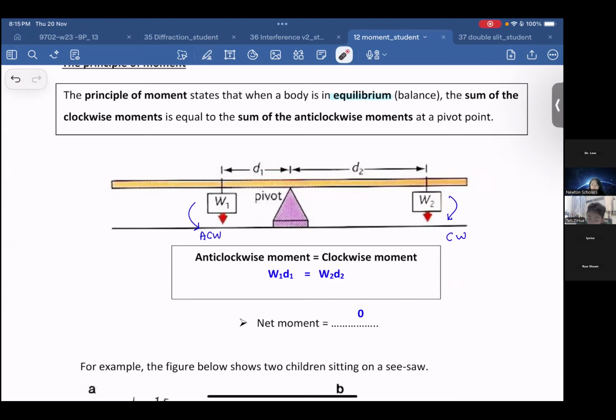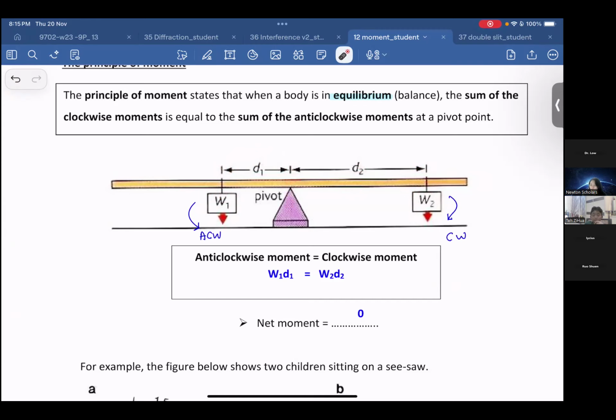Force times distance: W1 times D1, where the distance is 90 degrees from the force to the pivot. The clockwise moment is W2 times D2. If they are balanced, we say the system is in equilibrium, or balanced.